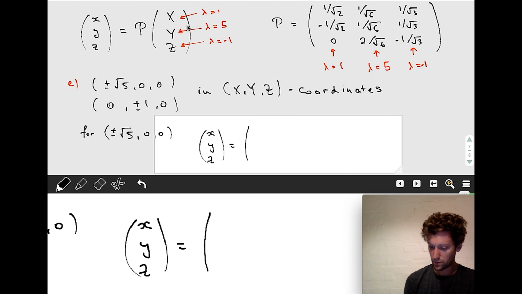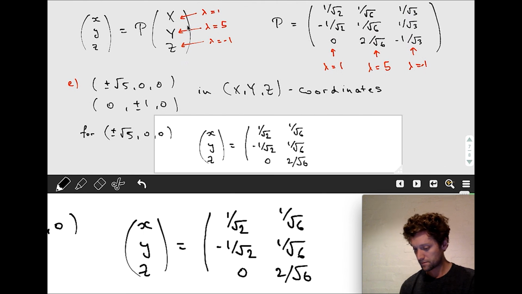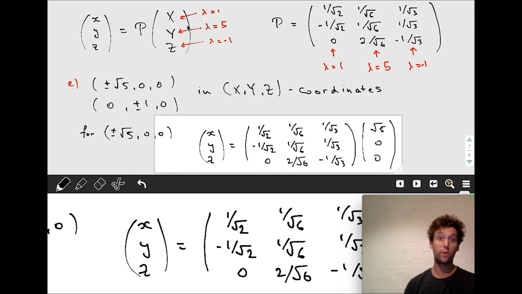P was 1 over root 2, minus 1 over root 2, 0, 1 over root 6, 1 over root 6, 2 over root 6, and 1 over root 3, 1 over root 3, minus 1 over root 3. And we're going to multiply that by root 5, 0, 0. That's the coordinates of the point root 5, 0, 0 in big X, big Y, big Z coordinates.